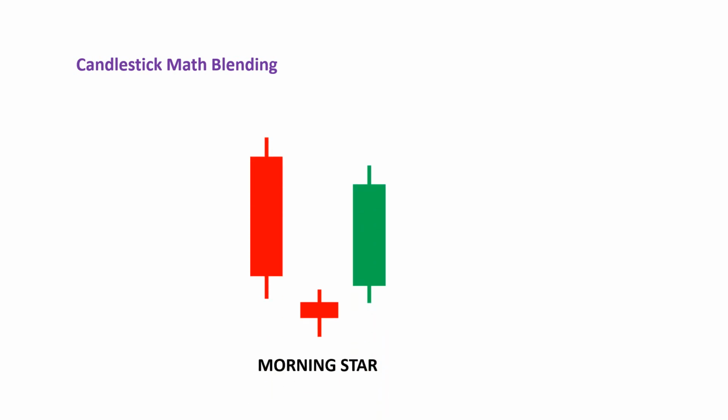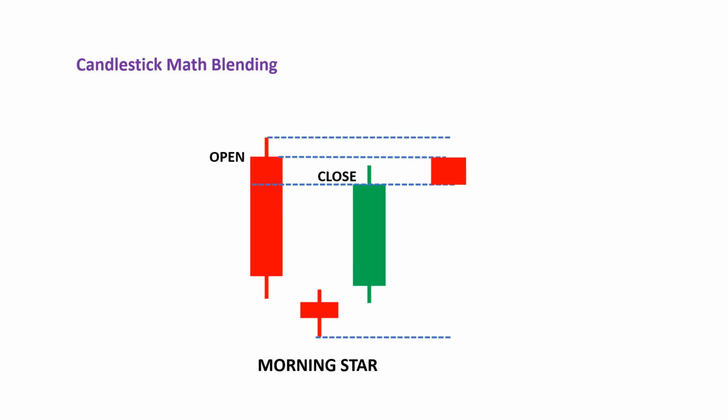Let's say this is a morning star. To blend this morning star, it's so easy. You take the open of the first candle, you take the close of the last candle, you take the portion between open and close, then you take the high and the low of the pattern. The equivalent is nothing but a strong hammer with a 3 days time frame.